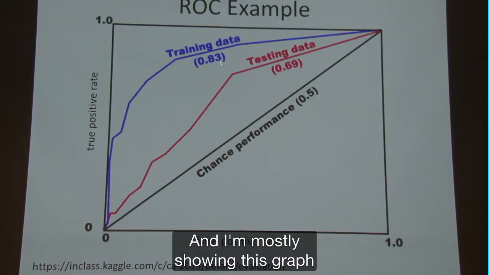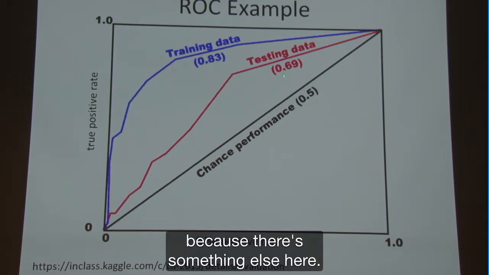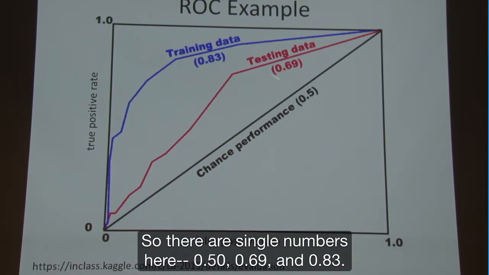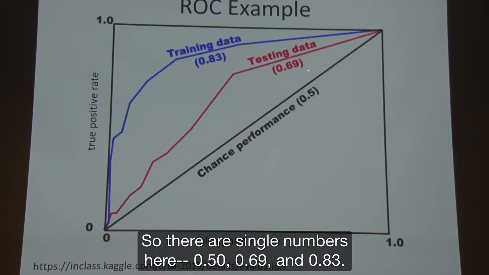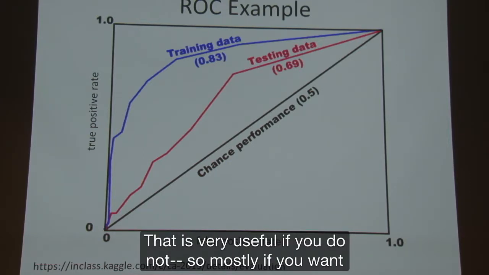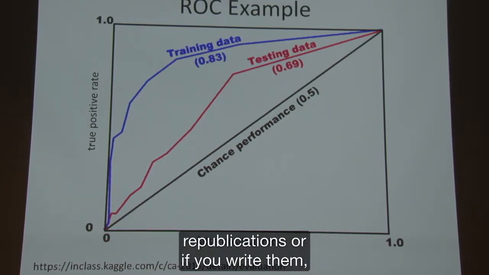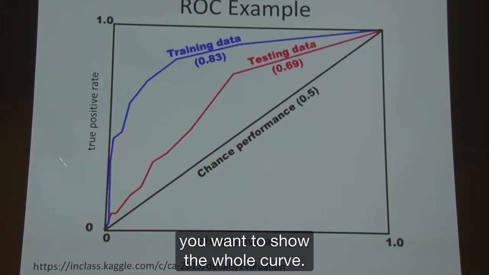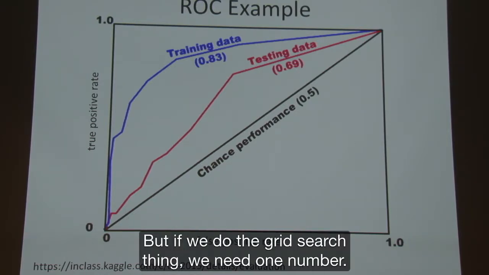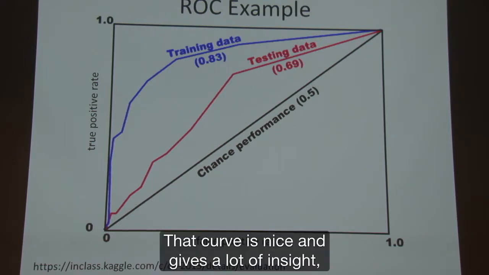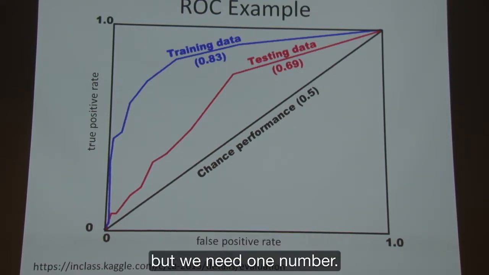And I'm mostly showing this graph because there's something else here. There are single numbers here: 0.5, 0.69, and 0.83. If you read publications or write them, you want to show the whole curve. But if we do this grid search thing, we need one number, right? That curve is nice and gives a lot of insight, but we need one number.